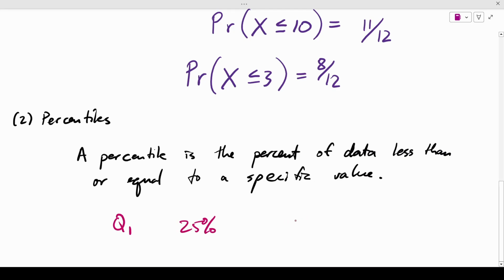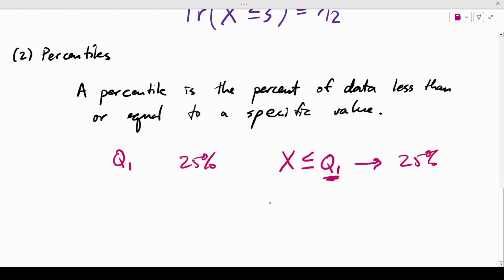In other words, Q1 is the value where out of all of your data, the amount of data less than or equal to that number, whatever it is, is 25%.